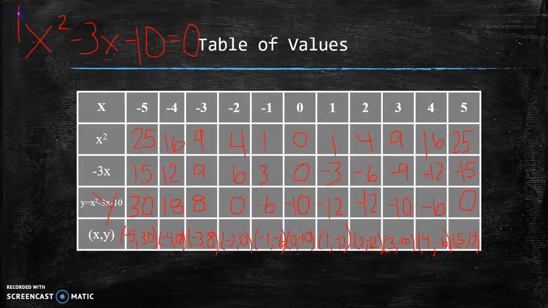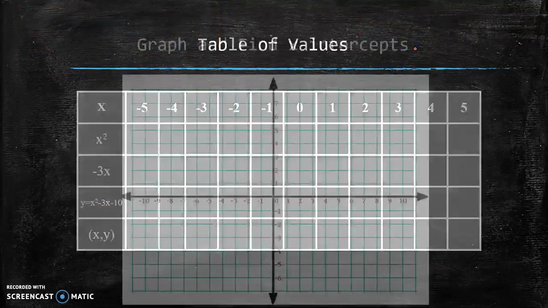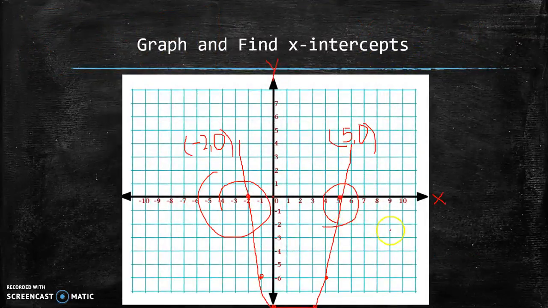So our original example, x squared minus 3x minus 10 equals 0, using the method of graphing, we know that x is equal to negative 2 or x equals 5, since those are the areas where the parabola crosses the x-axis.